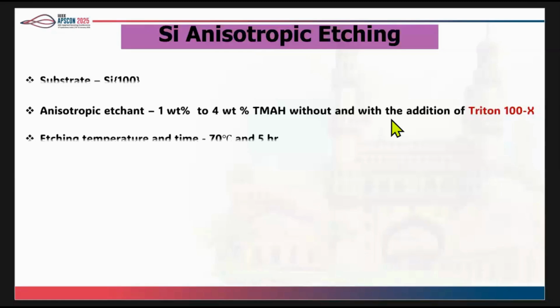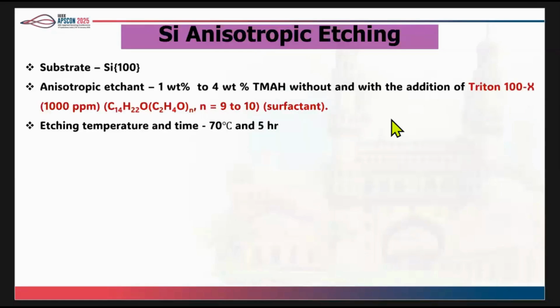Here is the silicon anisotropic etching setup. The substrate is silicon with direction 110. The etchant is 1 weight% to 4 weight%; I chose 1, 2, 3, 4. At the same time, I'm adding Triton at 100 ppm. Triton is a non-ionic surfactant, which will not react.